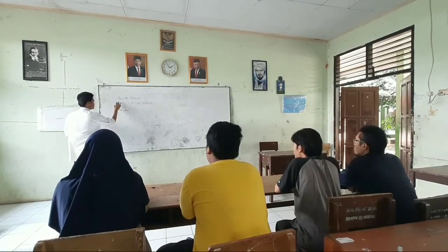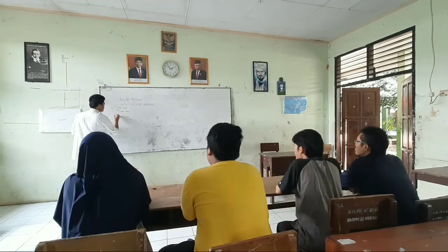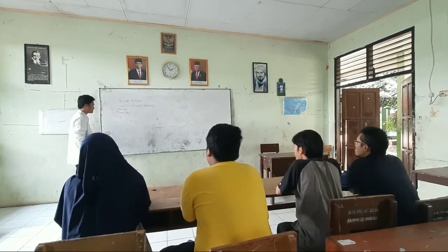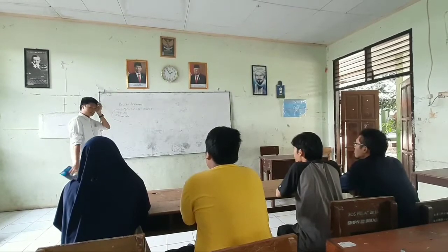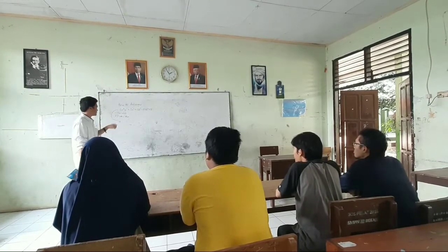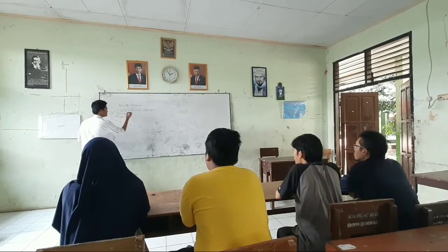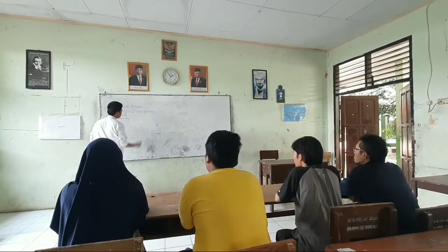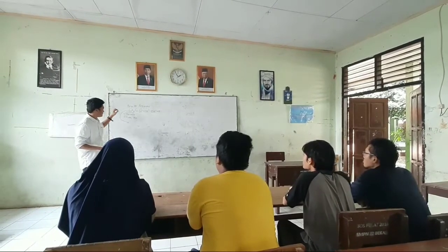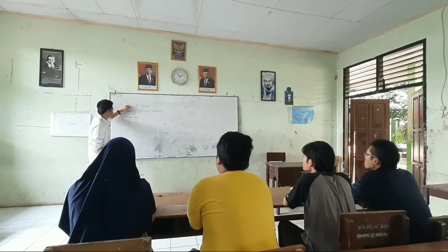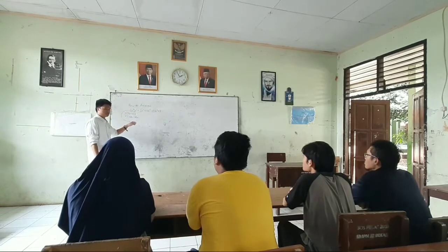So the answer, how to arrange this: first we need to see the variable. The terms that have variable A, there are only 3. After we see the variable, we see the index value. If it has a higher index value, then it goes first.